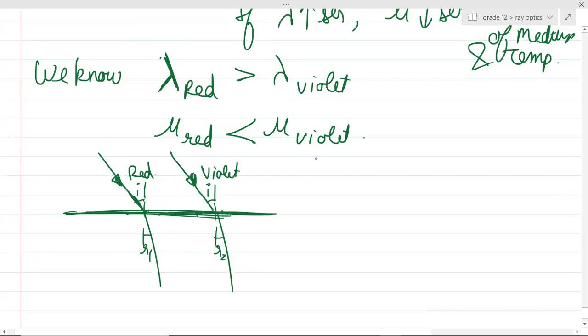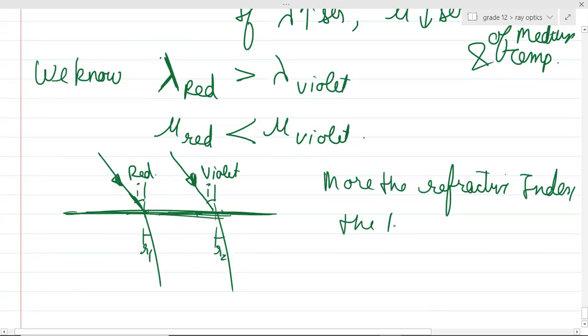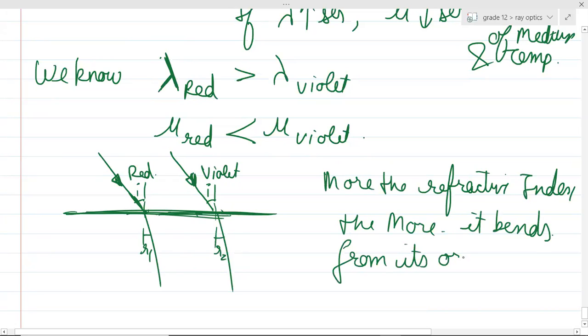Tell me which will bend more. Please remember, the more the refractive index, the more it bends from its original path. I told you about this, that it bends from its original path, right?